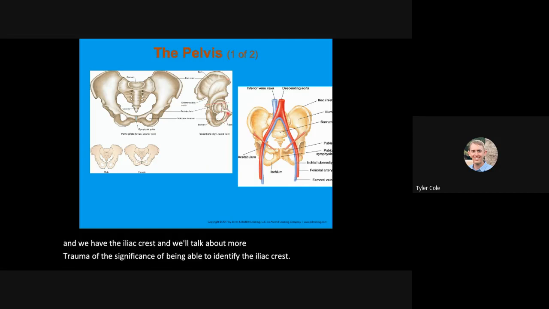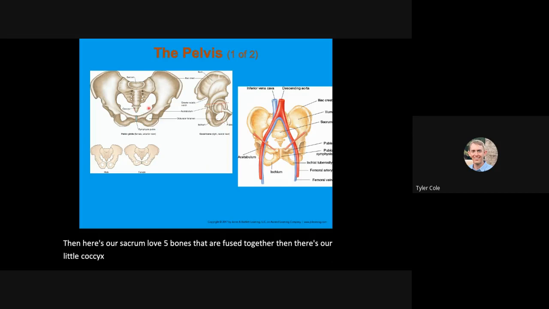Then on the front aspect here, we have the pubis. And then the kind of lower backside, we have the ischium. Then here's our sacrum, the 5 bones that are fused together. Then there's our little coccyx or our tailbone.